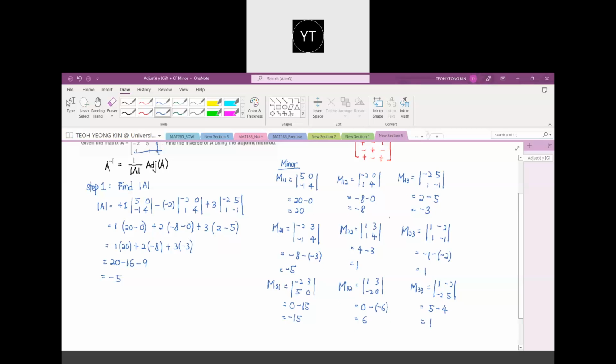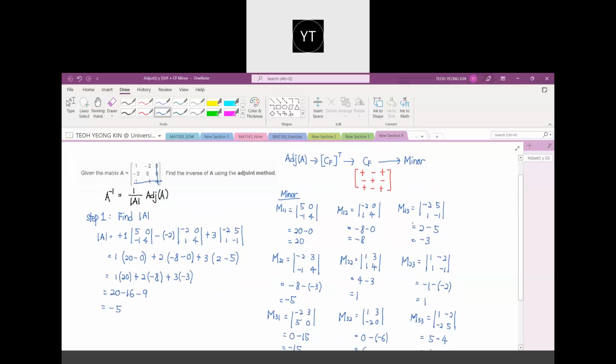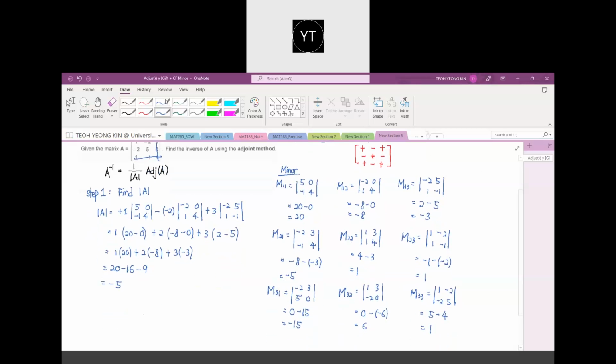From the minor, we will change to the cofactor matrix. How are we going to change to the cofactor matrix? Based on this symbol, based on this sign. So let's say I try to write it in here. So our cofactor matrix. Based on this symbol, positive, here is 20.